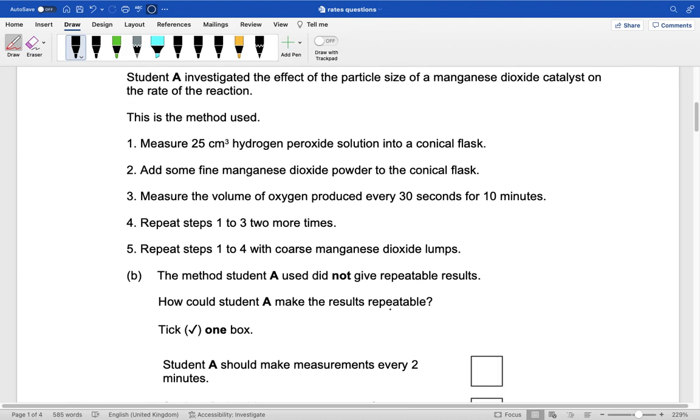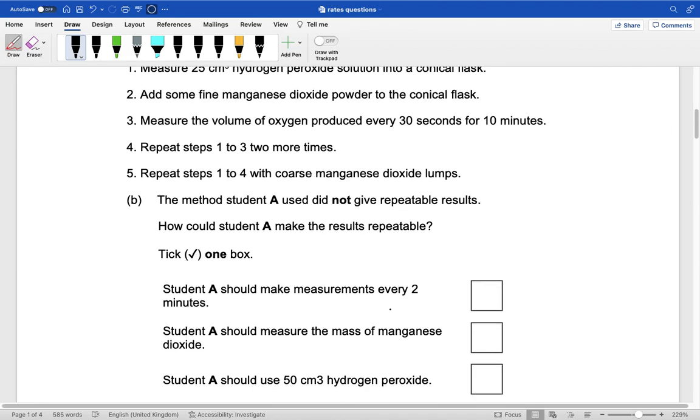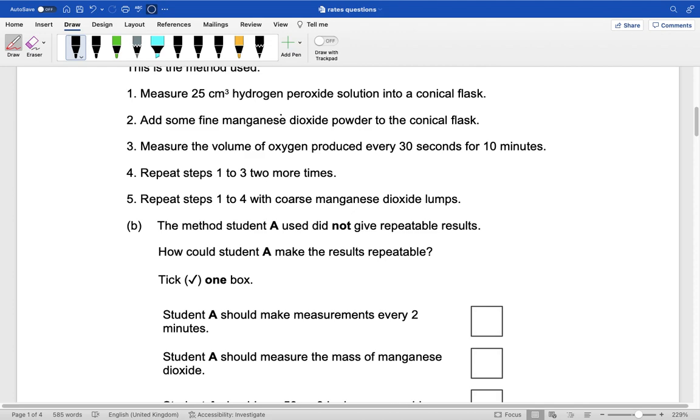It says, B, the method student A used did not give repeatable results. How could student A make sure the results were repeatable? Now, if you look at what student A did up here, they were very specific with the volume of hydrogen peroxide that they used.